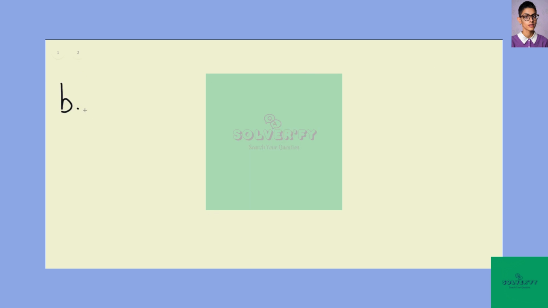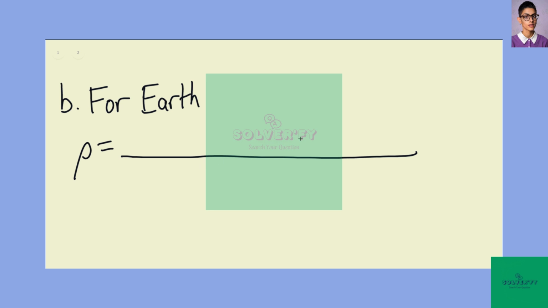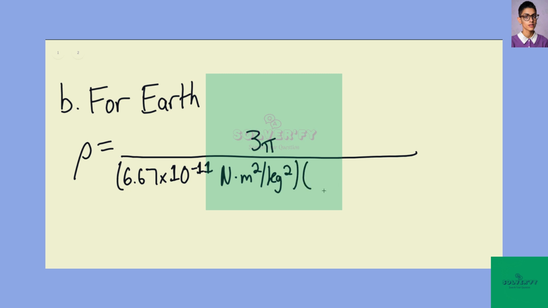And for part B, for Earth, we're simply going to solve it. So for Earth, we can say that the density of Earth will be 3 pi, and then 6.67 times 10 to the negative 11th Newton meters squared per kilogram squared, the gravitational constant, and then multiplied by 85 minutes, or we can say 60 seconds per minute, and quantity squared.